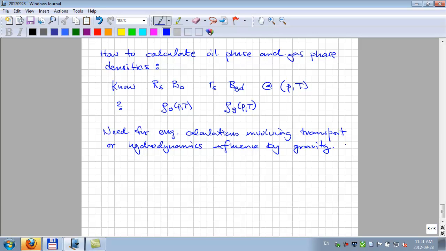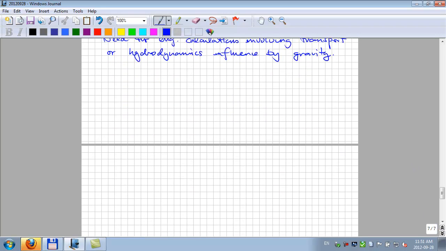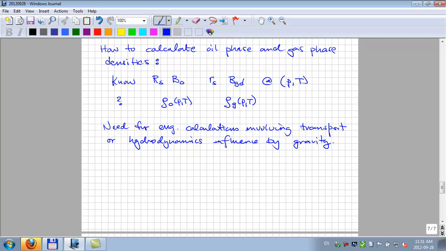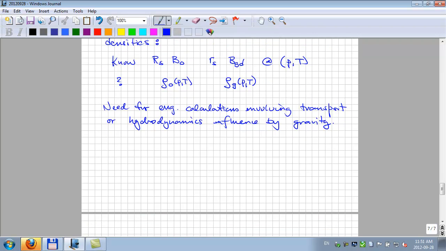That's why we need densities. Static column in the production tubing, down in the reservoir, where's the gas oil contact, and so forth and so on. Gravity segregation. When you flow, gas will tend to flow above the oil, and oil will go below. Water likewise. So we need the gas and oil densities at pressure and temperature.